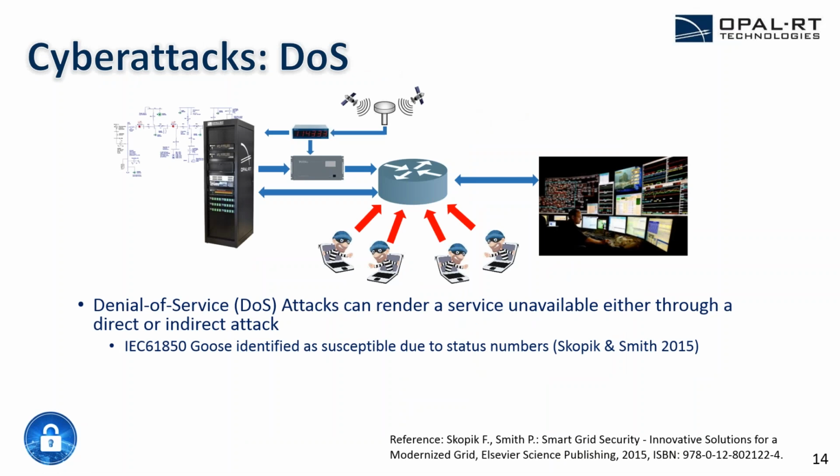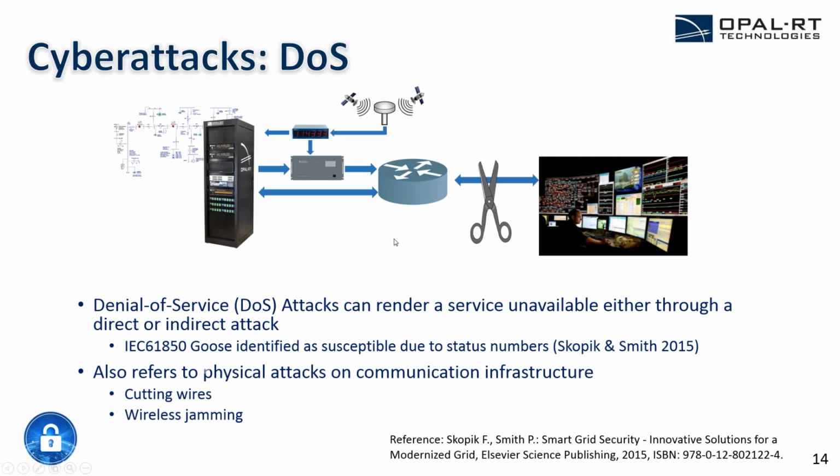You could have viruses planted by hackers that essentially bombard a communication point and render services unavailable through it. In fact, there's a well-known communication protocol that has been identified as being susceptible to such an attack. It doesn't just refer to that scenario though, it also refers to a physical attack: wires being cut, potentially wireless jamming.